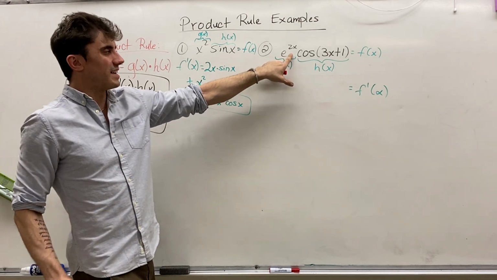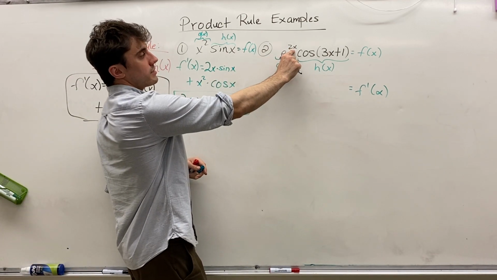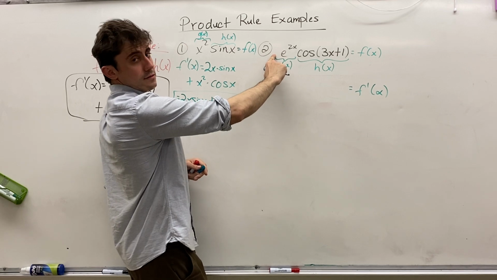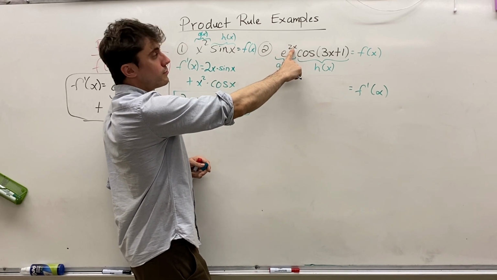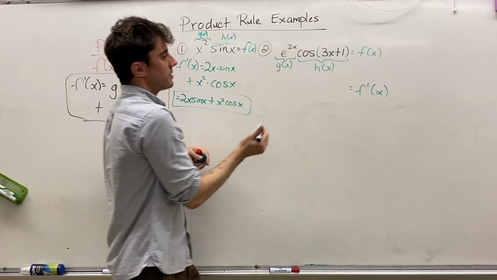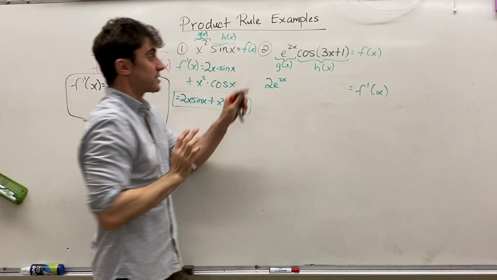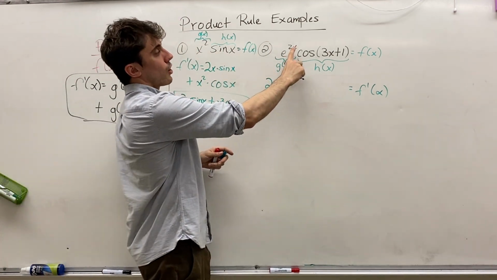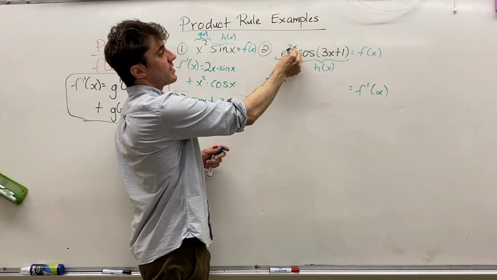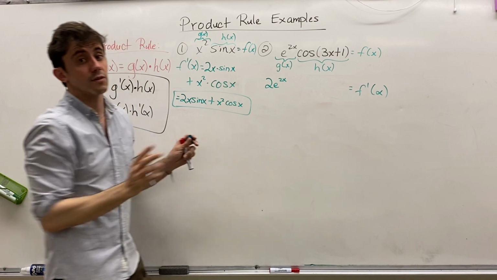The derivative of e to the 2x, remember, is the derivative of the exponent multiplies out front. The derivative of the exponent means the derivative of 2x, which is just 2. So the 2 multiplies out front, and so we have 2 e to the 2x. The exponent stays the same when we start differentiating exponentials. The exponent always stays the same, and the derivative of the exponent multiplies out front. The rest stays the same.